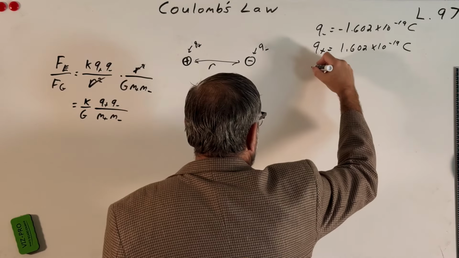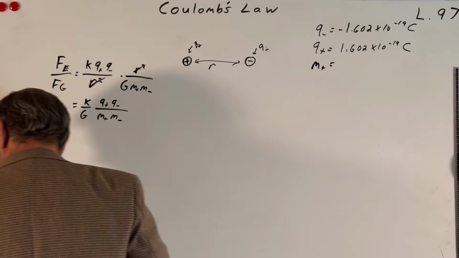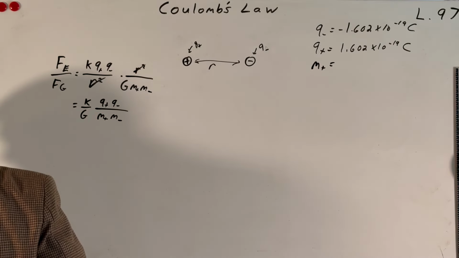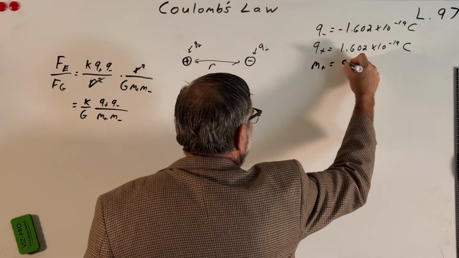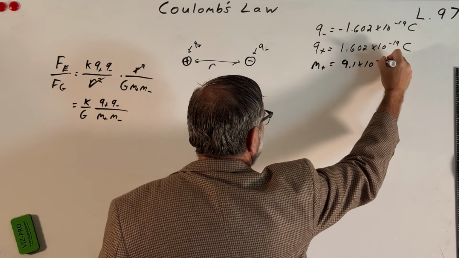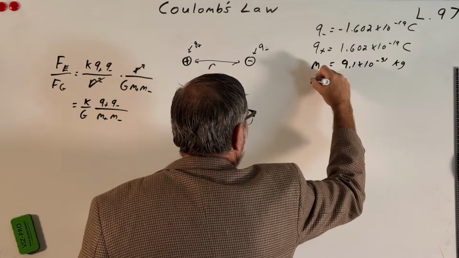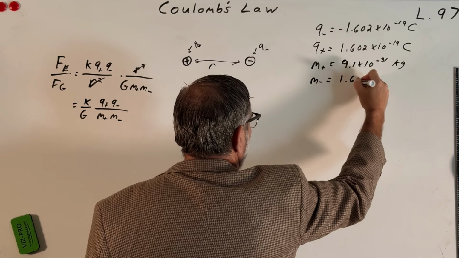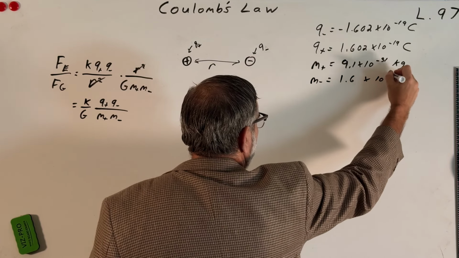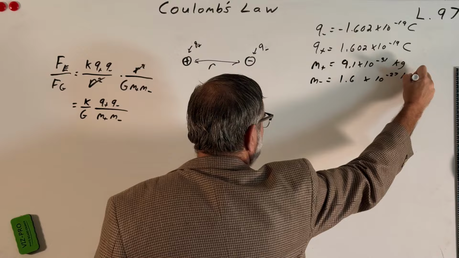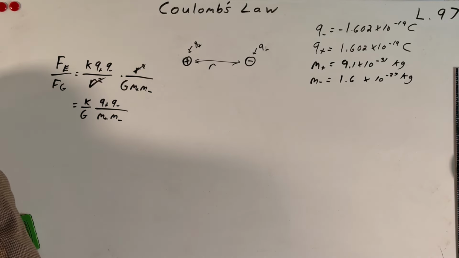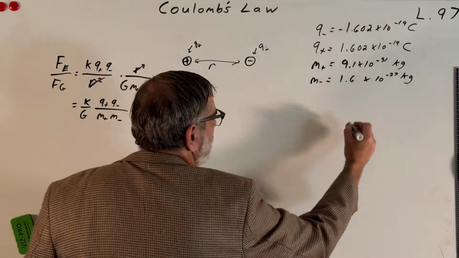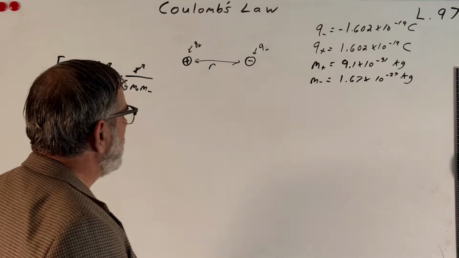So we need values for this stuff. The mass of an electron, M minus, is 9.1 times 10 to the minus 31 kilograms. M plus, the proton mass, I think it's 1.6 times 10 to the minus 27 kilograms. Let me check that. I guess 6.7 to be more accurate. What else do we need?